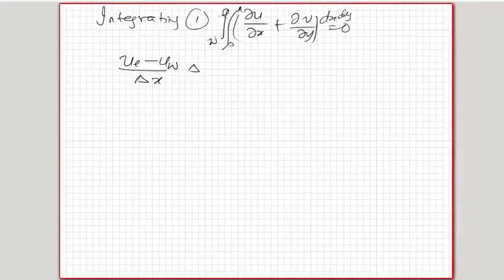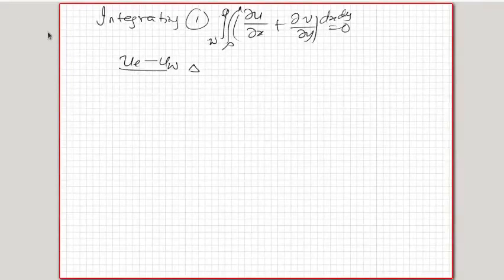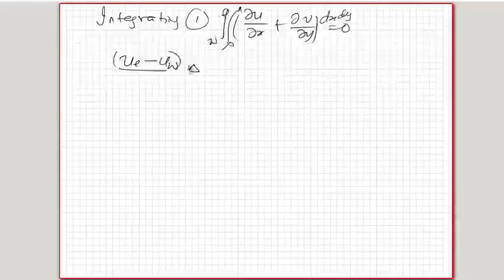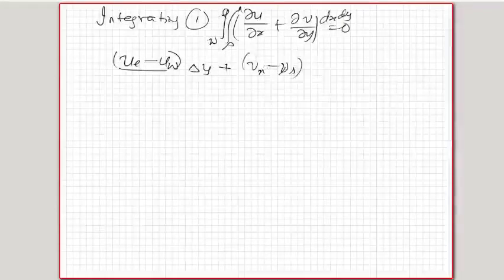Okay, so then what happens? The delta x would actually go off, and you would get ue minus uw into delta y plus vn minus vs into delta x equal to 0.